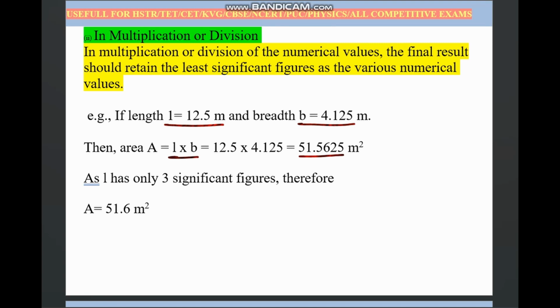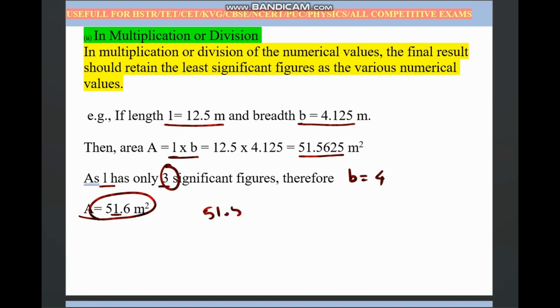You can do it yourself. As L has three significant figures and B has four significant figures, the least is 3. Hence, my answer for the area should be with three significant figures.